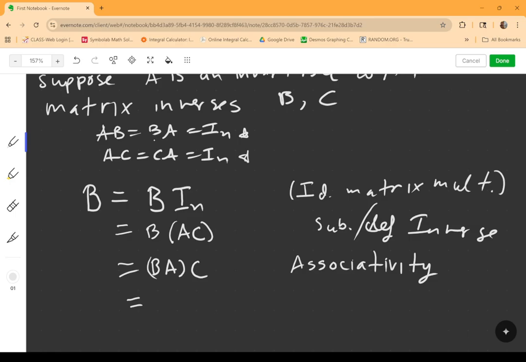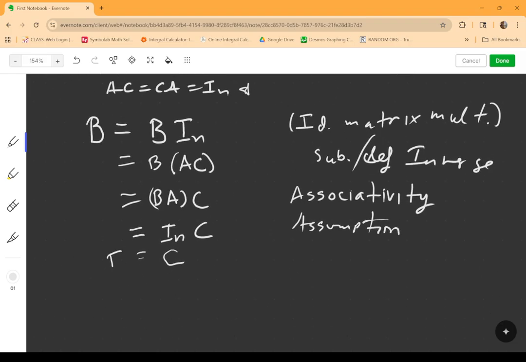What is BA equal to by assumption? It's the identity matrix, by assumption or property of the inverse. But identity times any matrix is that matrix itself. So we get C. Our final result is B is equal to C. In other words, the inverse matrix is unique, or A only has one inverse. If it has one, it will have exactly one. Straightforward proof here.